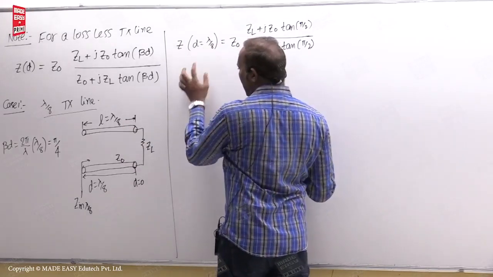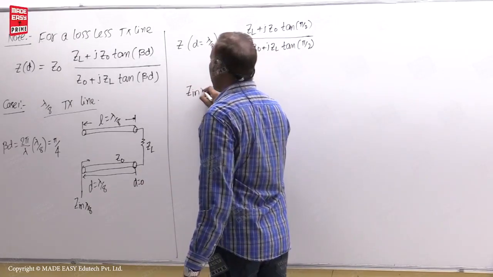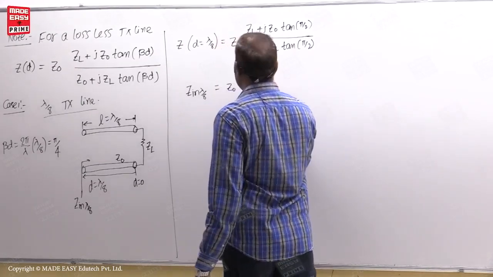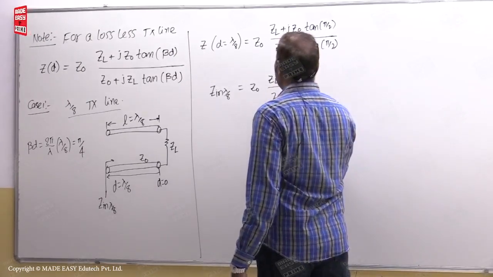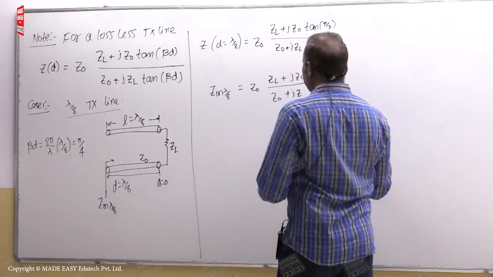You are substituting d equal to lambda by 8, that gives the input impedance. So the input impedance of a lambda by 8 transmission line is Z0 (ZL plus jZ0) divided by (Z0 plus jZL).